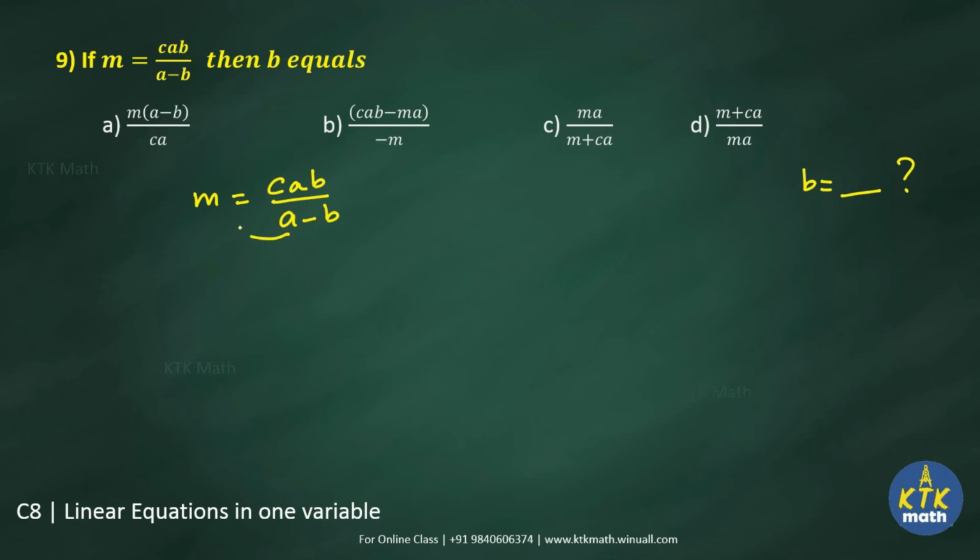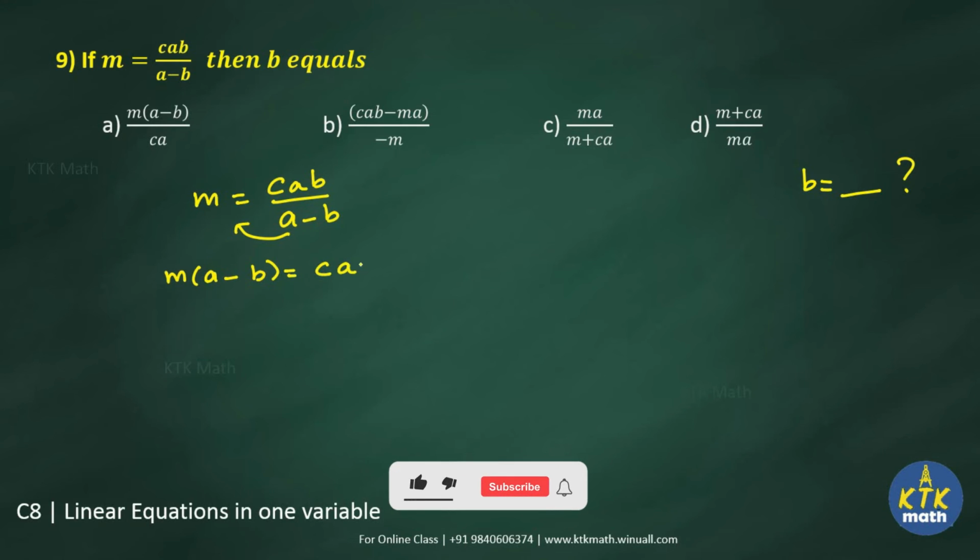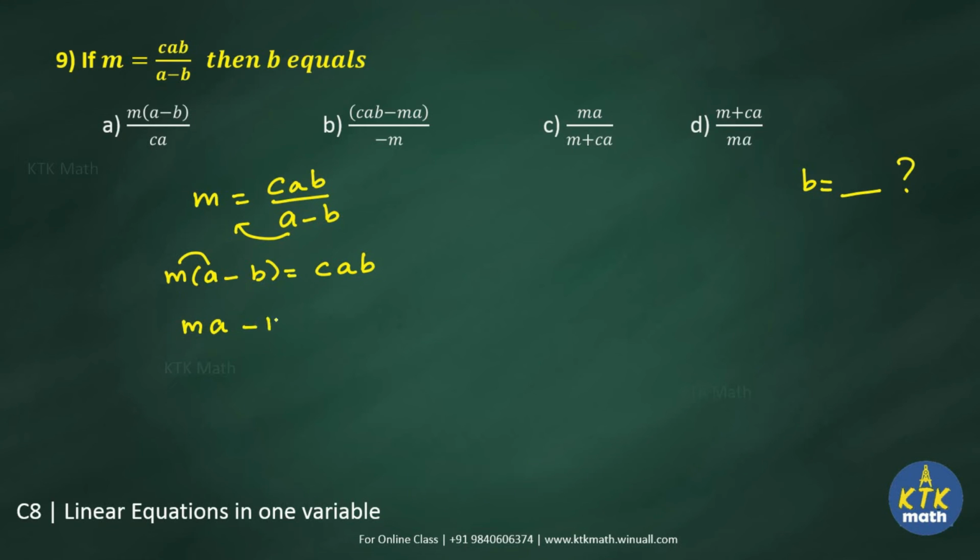So you first multiply this one here, m times a minus b is equal to CAB. Now multiply m inside, what happens? MA, or you can write AM, it's not a big deal. In the same way, MB is equal to CAB.